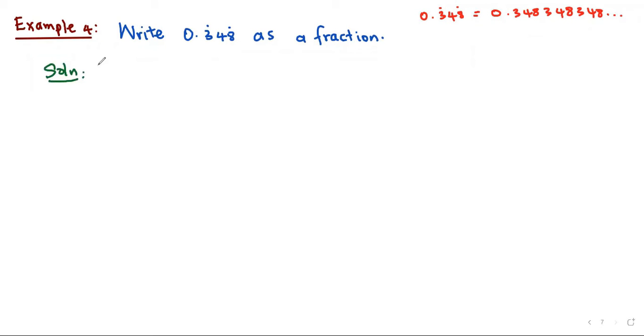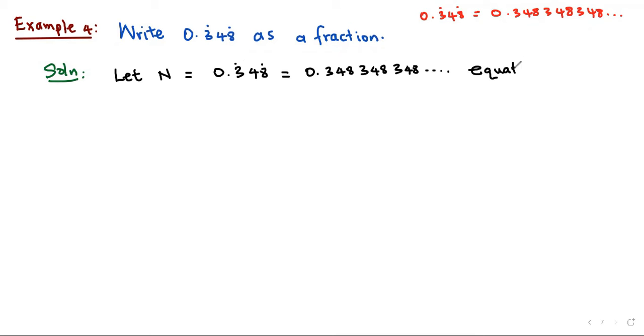So let's have our solution. Like how we did it in example 2 and example 3, we will say let n equal 0.348 repeating, which means we have 0.348, 348, 348. We can call this equation number 1.